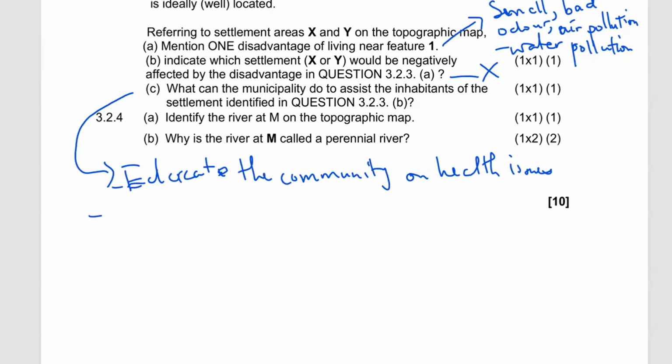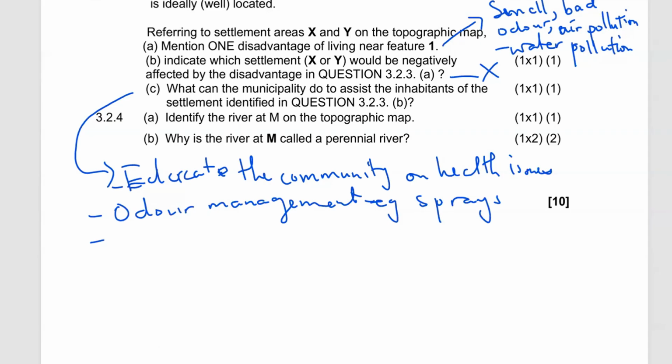And also, we can assist with odor management, for example through the use of sprays, or we can enhance activities like covering the sewage works, mainly when it's not operational during the night, so that the smell cannot affect the people.